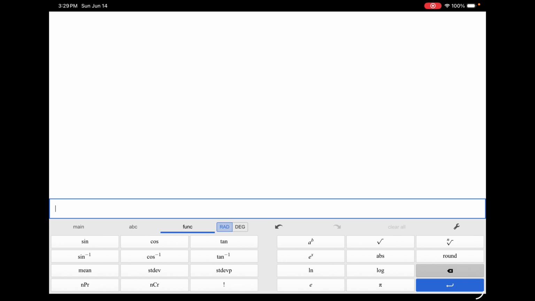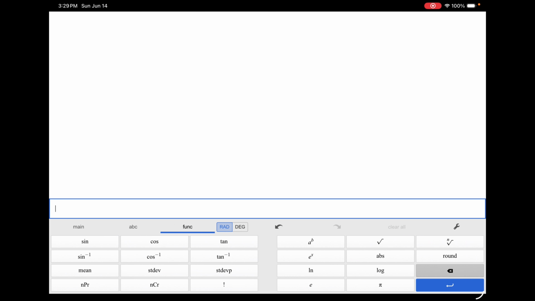Inverse cosine of -0.4, 1.982. So not super difficult to do inverse sine, cosine, and tangent in your calculators. You just have to double check your mode.